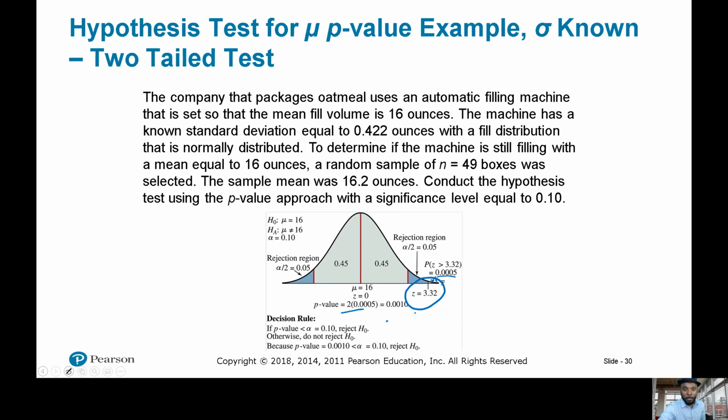And you compare that p-value with alpha, which is 0.1. Since the p-value is less than alpha, we reject the null hypothesis. Now, before someone asks me how do you determine the area again given z, I'm going to show you once more in Minitab. So our z is 3.32. Let me bring up Minitab.